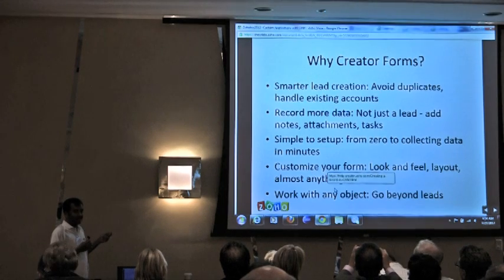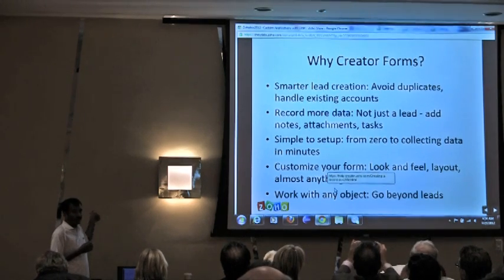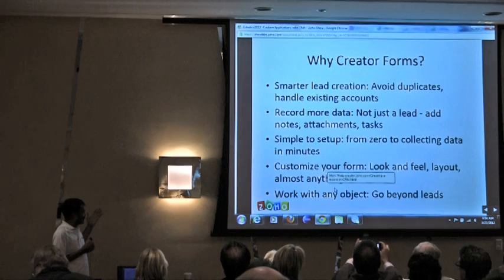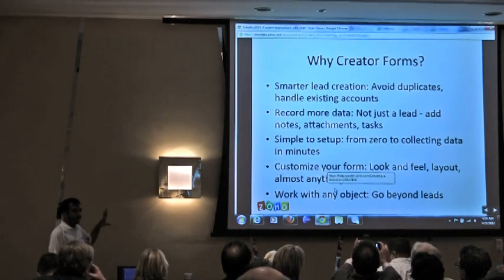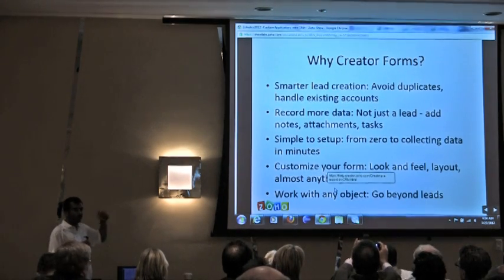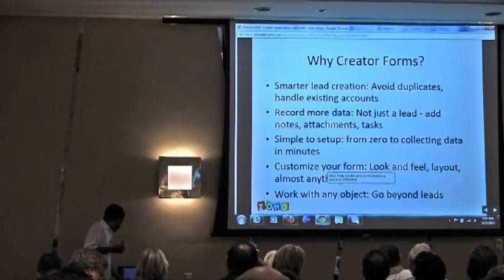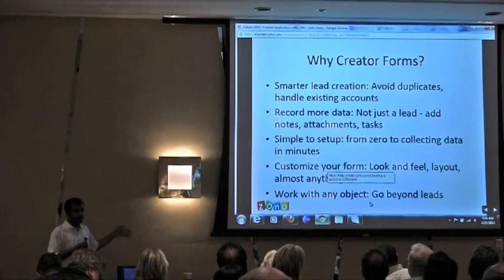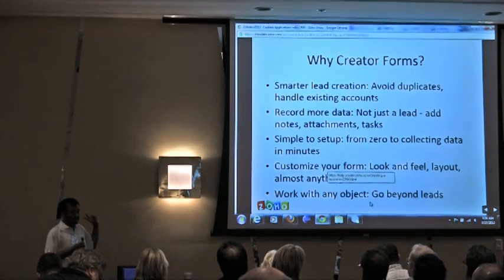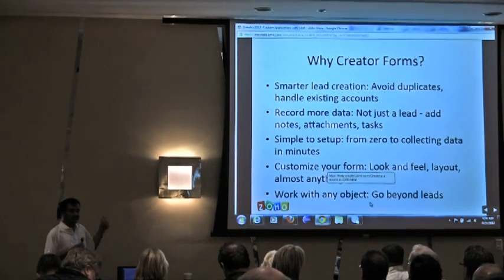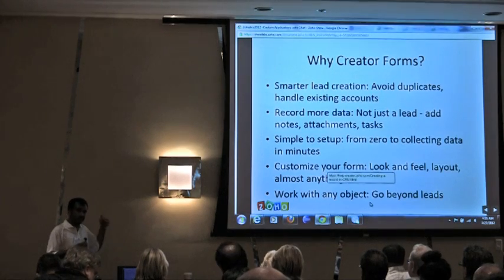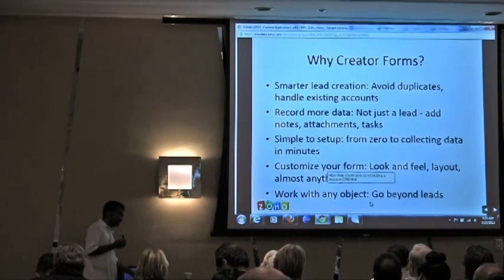You can collect additional data and add it as notes to the existing module, and it's a simple setup. You can customize the look and feel of the Creator form, and it can work with any object. You can even create a form for updating sales order or purchase order information in Zoho CRM. We will be seeing those examples.